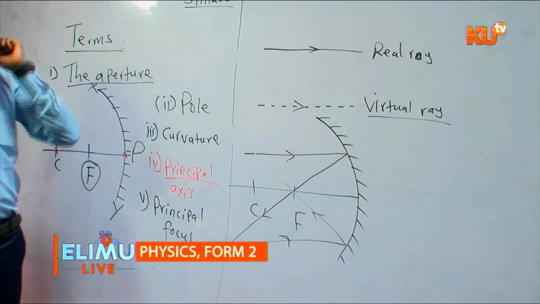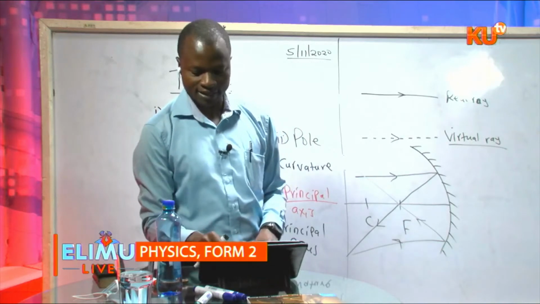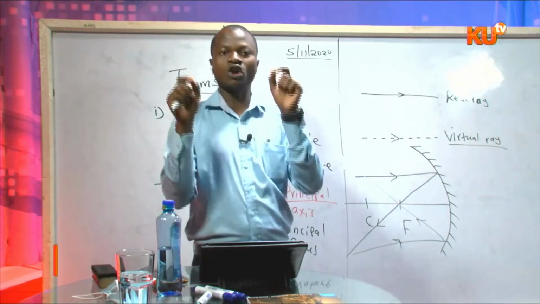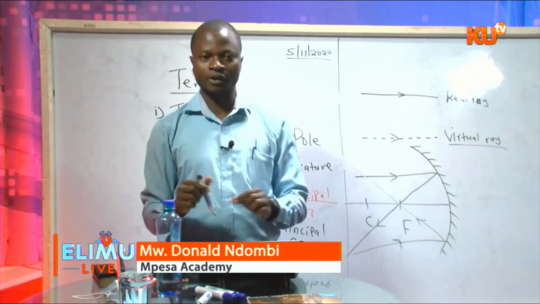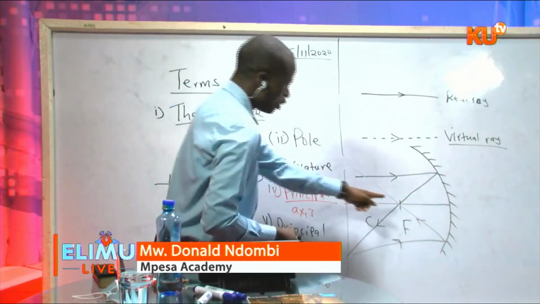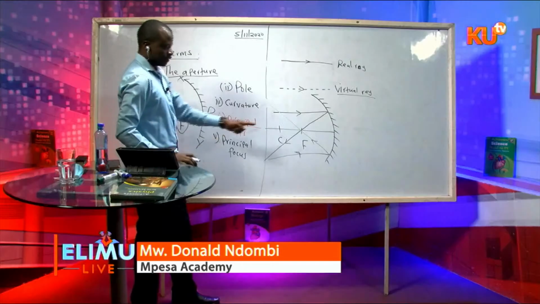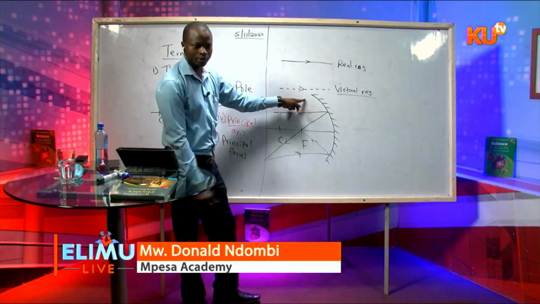So for a concave mirror, we will define our principal focus as the point at which all rays parallel to the principal axis do what? Converge. After reflection, they'll all meet here. And we shall see, for this reason, that's why we use a concave reflector in a projector lamp.